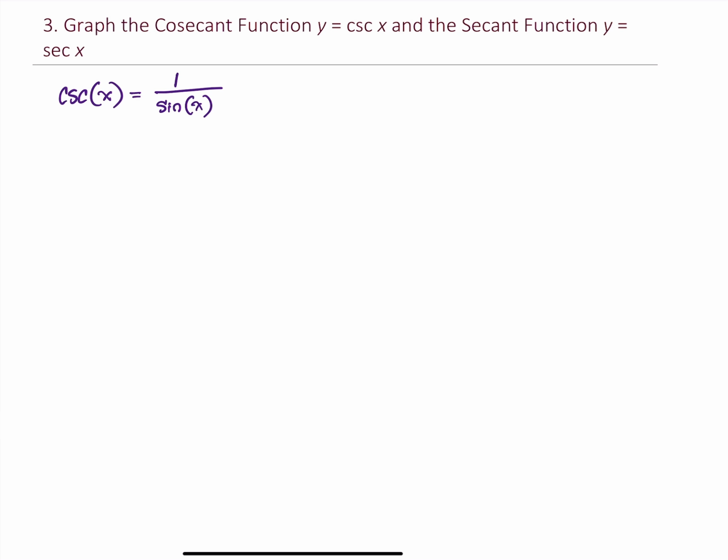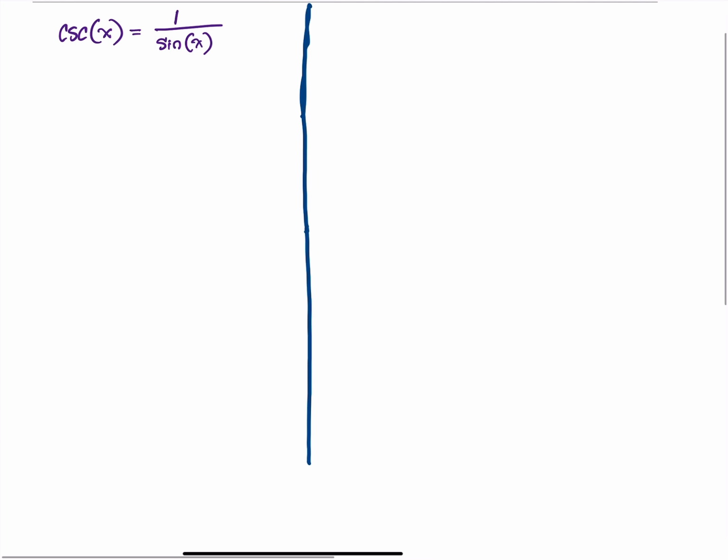And then also the secant, so let's look at these two and do a little split screen. Let's make a little more room. The secant, let's recall, is 1 over the cosine.